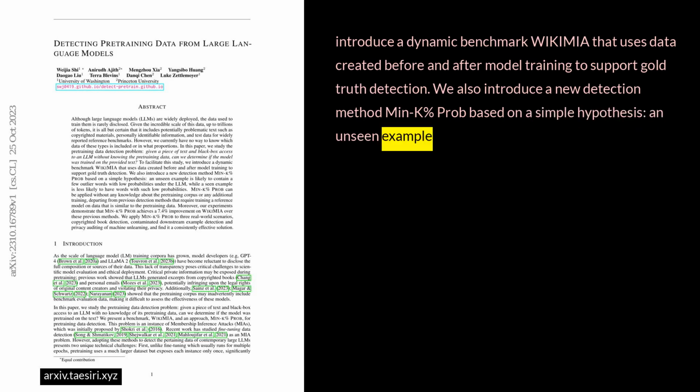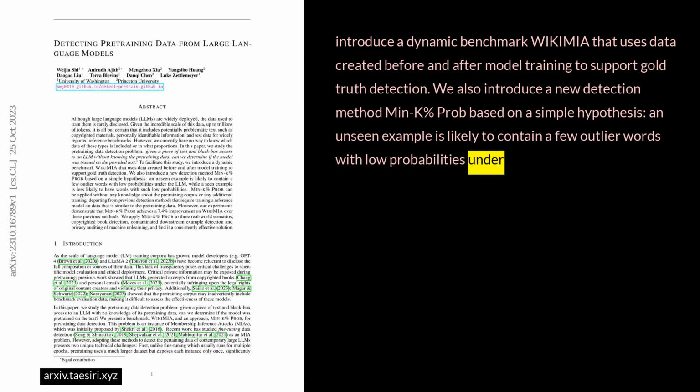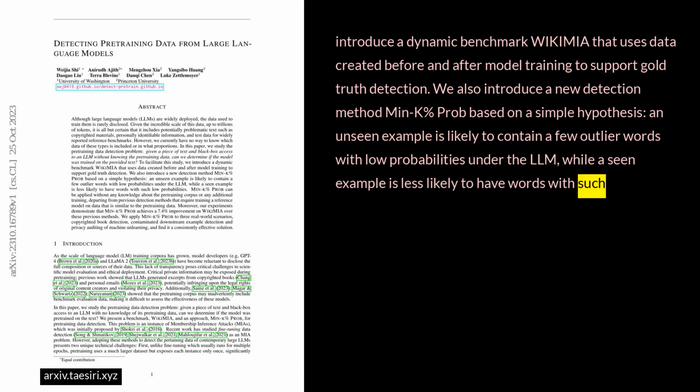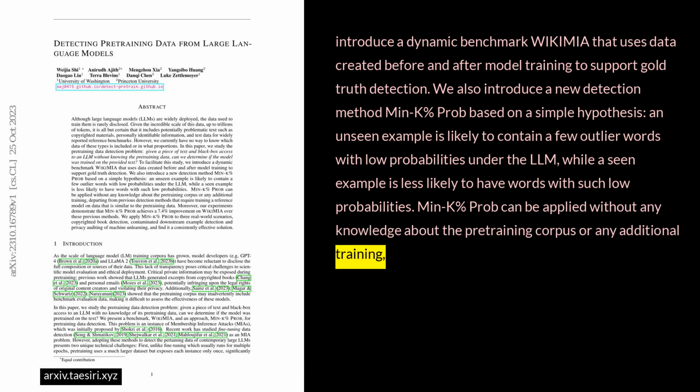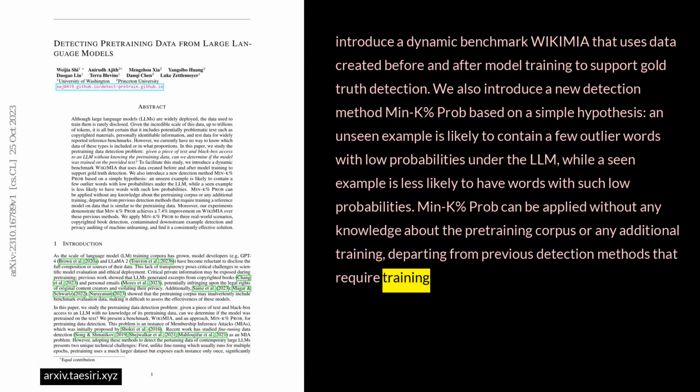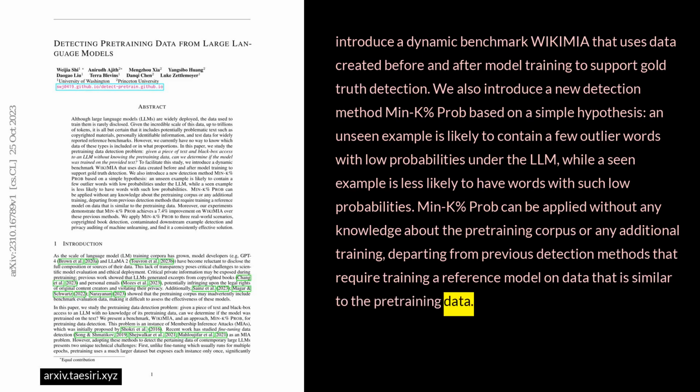An unseen example is likely to contain a few outlier words with low probabilities under the LLM, while a seen example is less likely to have words with such low probabilities. Min-K% Prob can be applied without any knowledge about the pre-training corpus or any additional training, departing from previous detection methods that require training a reference model on data that is similar to the pre-training data.